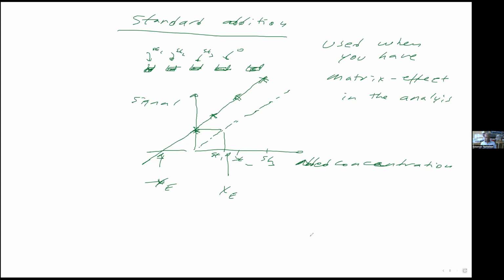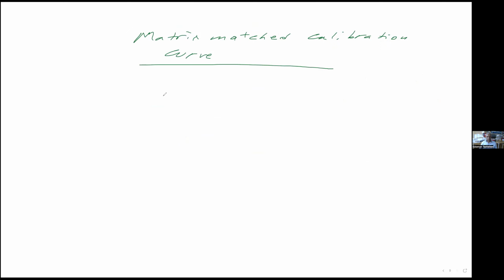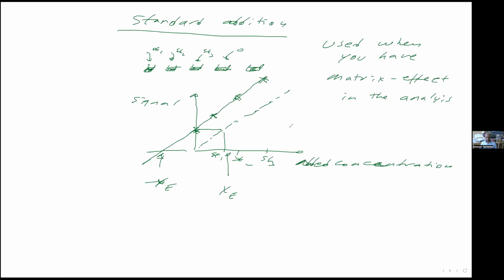I will call it matrix matched calibration curve. And a matrix matched calibration curve is simply that you have one of the samples that contains very, very low concentration of the analyte, close to the blank.